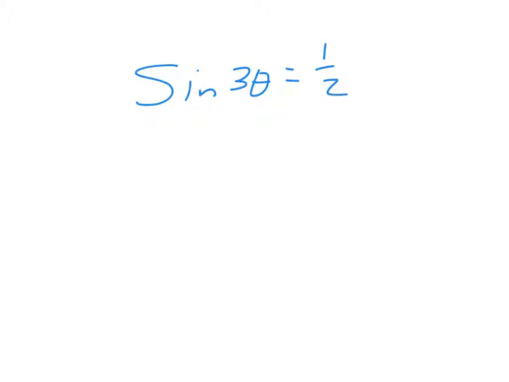So if this is pi over 6 right here, also known as 30 degrees, then I could add 2 pi to it and get more answers. In fact, couldn't I just keep on adding 2 pi and keep on getting more and more answers if I wanted to? Yes, I could, and that's important to know because that's what we're going to do in a minute on this problem.